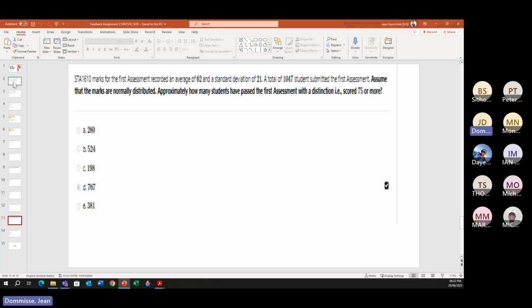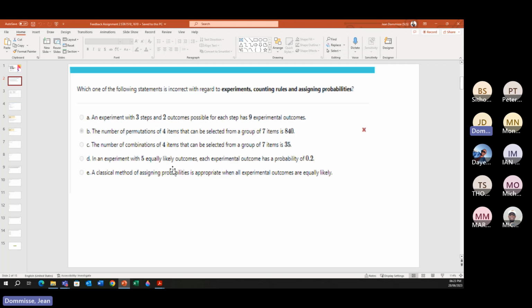So what they've done in 1610, and that is for all your assignments, think about it as in the traditional way that you would have calculated something on paper. So what the lecturer is doing is he can see in your answer that you did a part of a question.